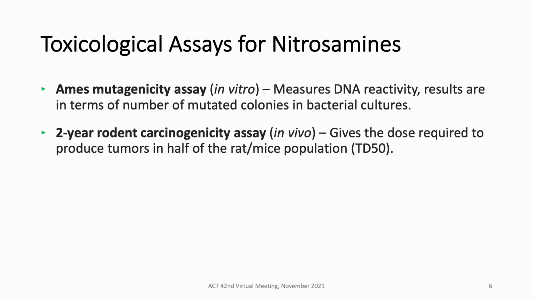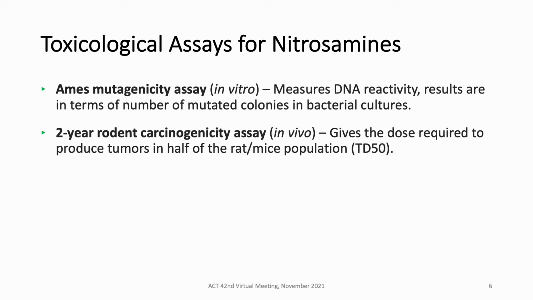Before we go into the discussion of any kind of computational approaches for nitrosamines, let's talk about the currently available toxicological assays for the toxic effects of nitrosamines. There are two assays that come to my mind. One is the Ames mutagenicity assay and the other is the 2-year rodent carcinogenicity assay.